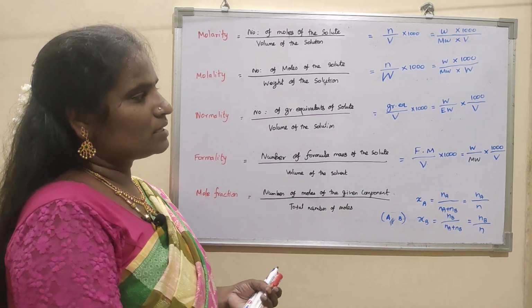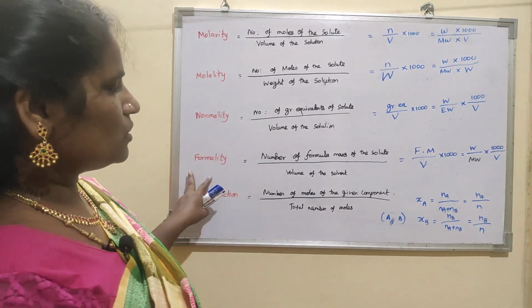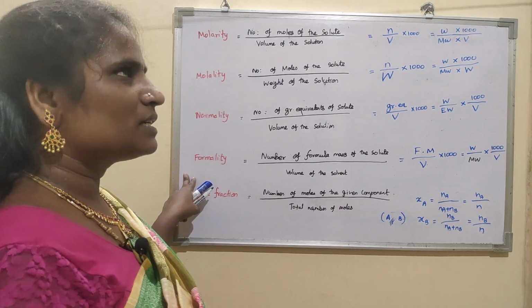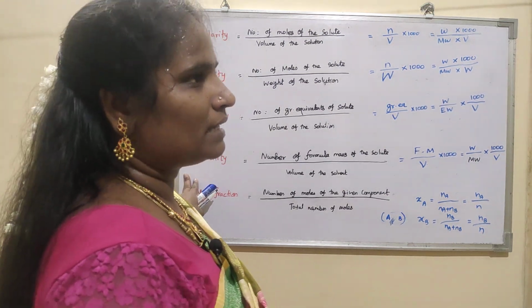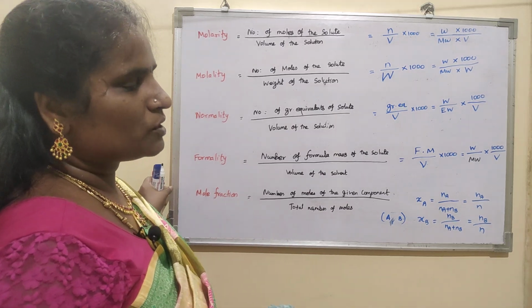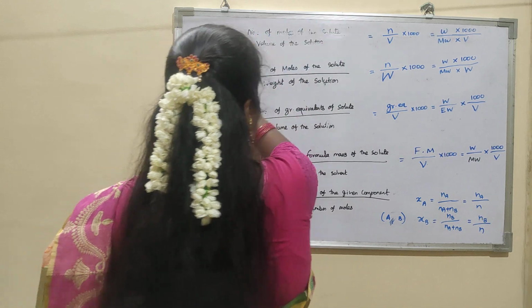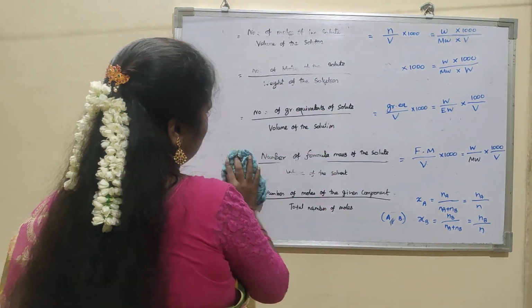Next we are going to see the percentage of the solution. These are mostly used in the chemistry lab, and in the biological lab, where they prepare all the solutions in terms of percentage.